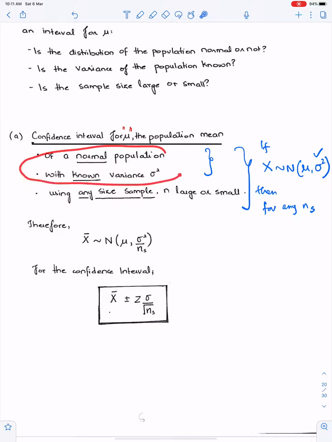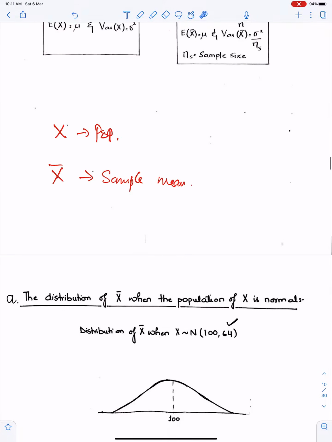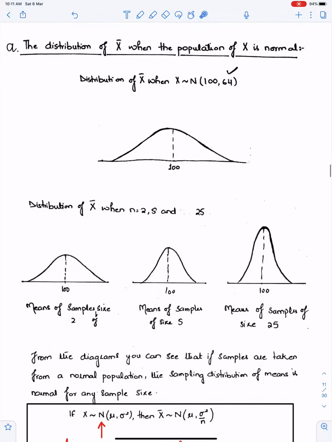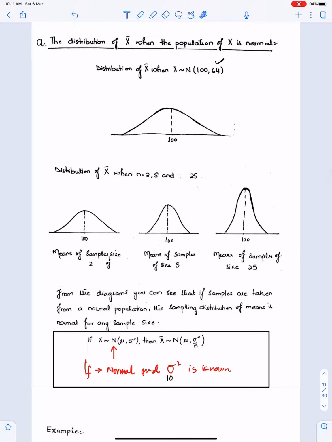These two informations mean the population is normal and sigma square is known. When we have these two informations, then sample size is irrelevant. Whether the size is small or large, no problem. The distribution of x bar will always be normal. We did this thing on page 10.